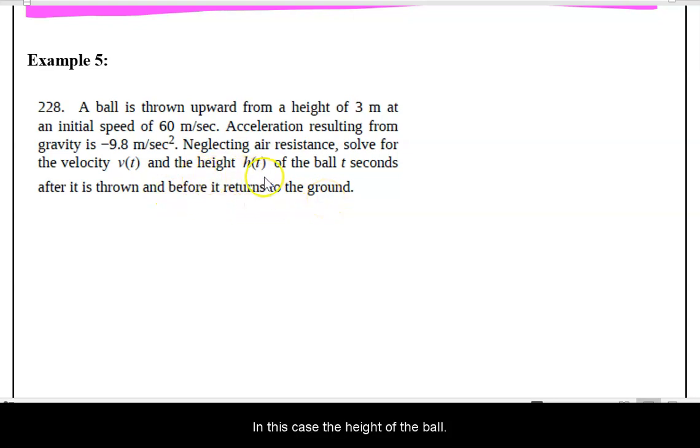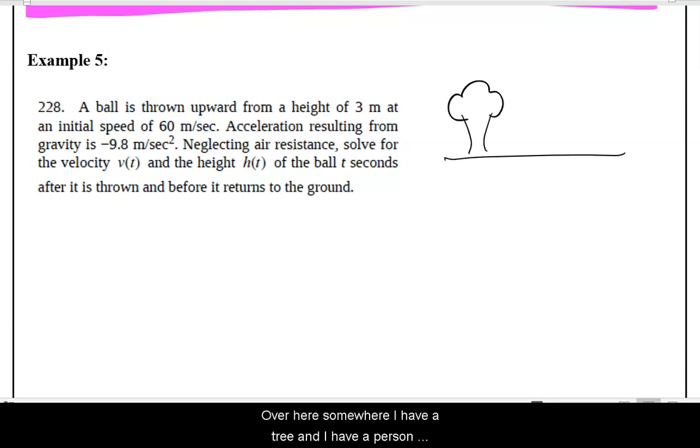In this case, the height of the ball is actually the position of the ball. Since the ball is being thrown upward, we need to visualize what's happening. Let's draw a general picture just to get an idea. Over here somewhere, I have a tree and I have a person who is tossing a ball in the air.